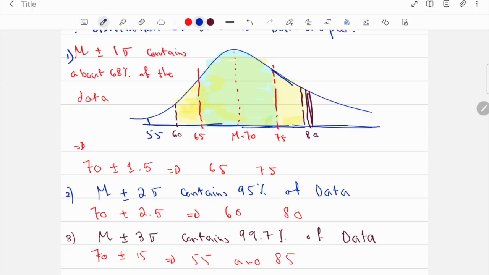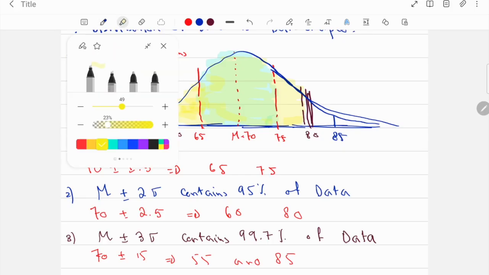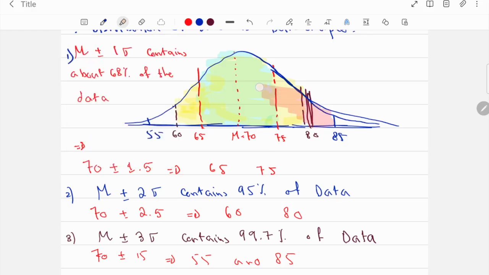Let me make it more accurate. Oops, that's fine. Still bad. Anyway, 55 and 85, so 85 somewhere here. 99.7% of the data is within 3 standard deviations of the mean. So 99.7% of the 30 students, actually we're talking about all of them, scored between 55 and 85.